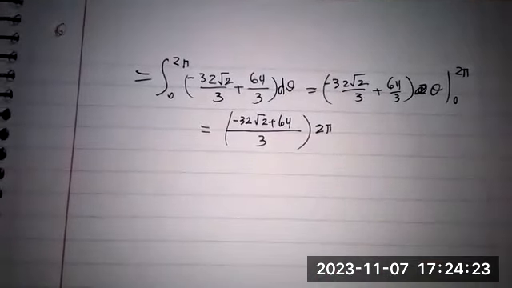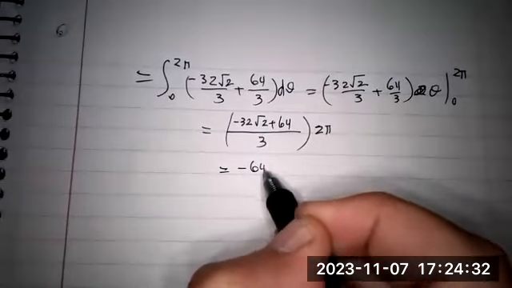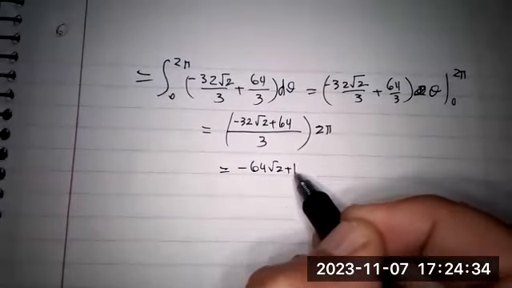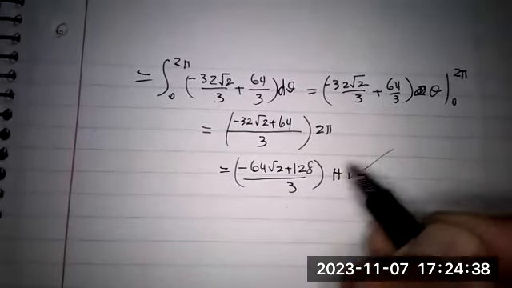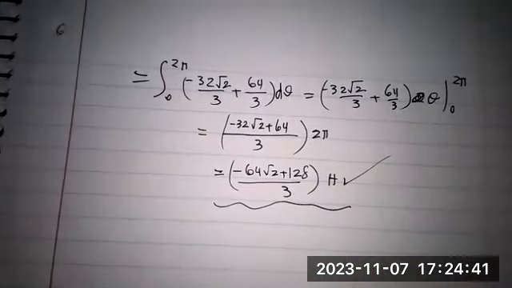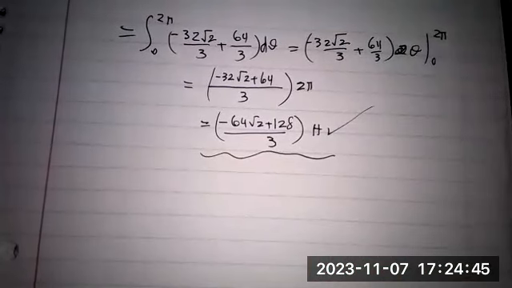Okay. And you can multiply the two, or whatever you like to write the final answer. So it's going to be (negative 64 radical 2 plus 128) over 3, times pi. So it's unavoidable. Whatever way you arrange the number, eventually you will get to this radical format.